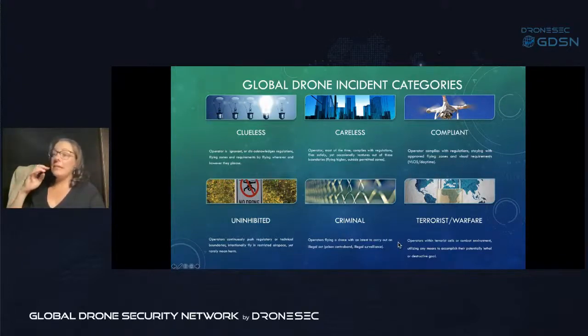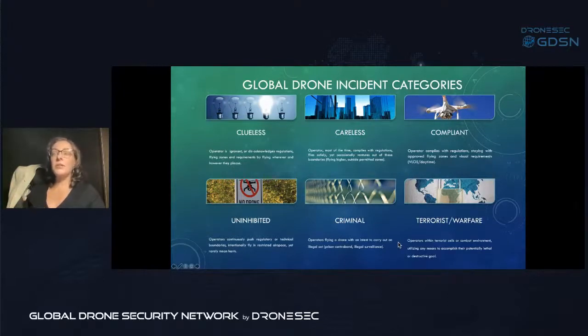And we've got 6, probably 7, because actually the last one, terrorist warfare, we separate out as well because there's subtle differences there. And again, each incident report that comes through in both systems can be given one of these categories as well.